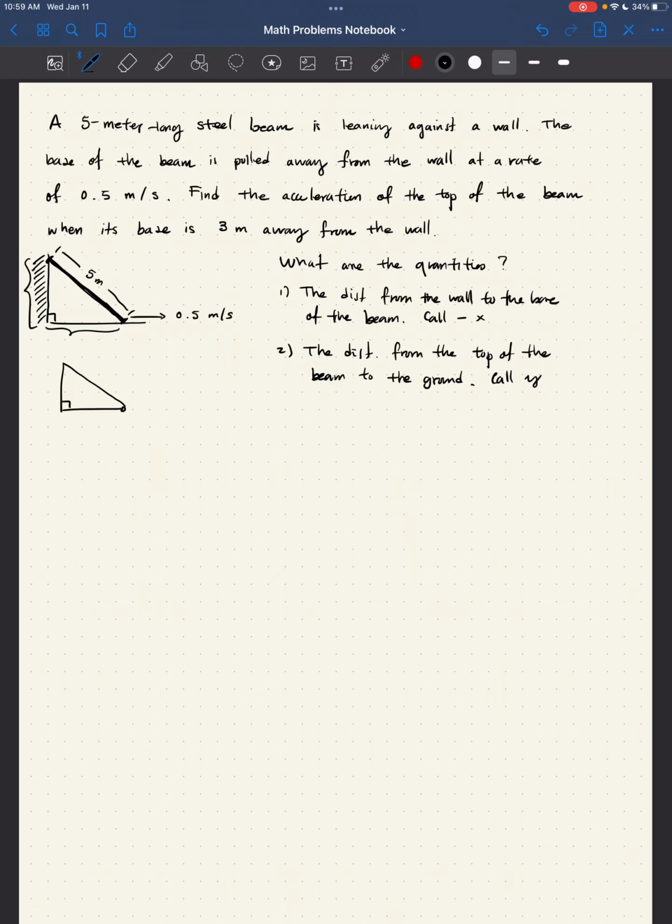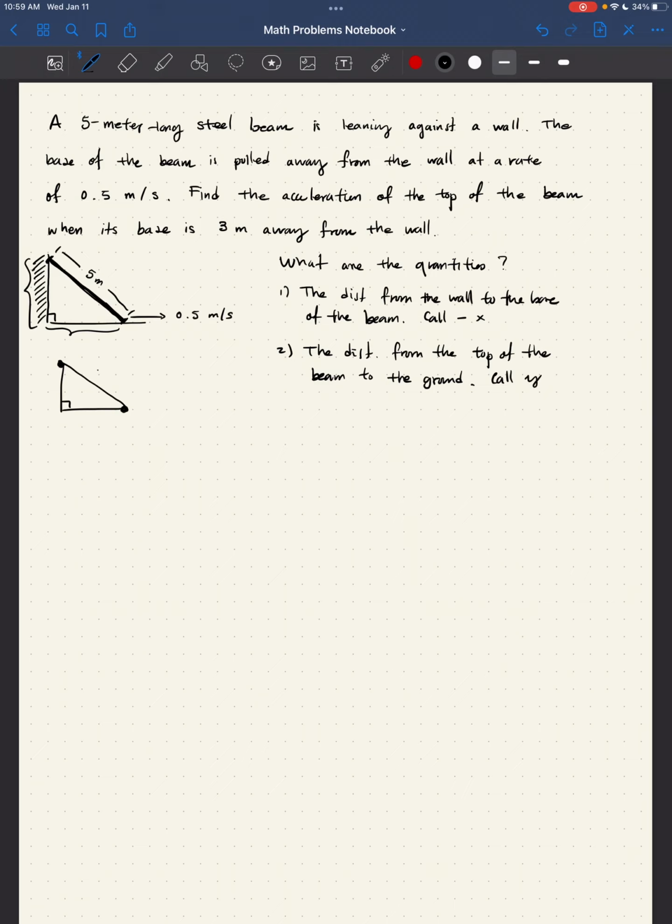We have these points: this one corresponds to the intersection between the ground and the base of the beam, and this one corresponds to the intersection of the wall and the top of the beam.